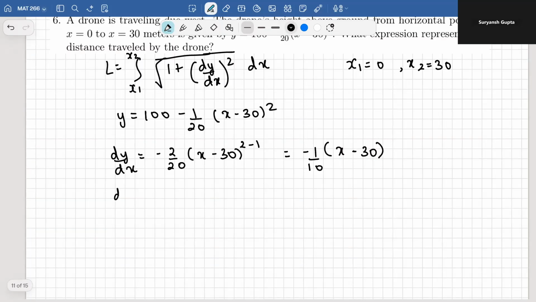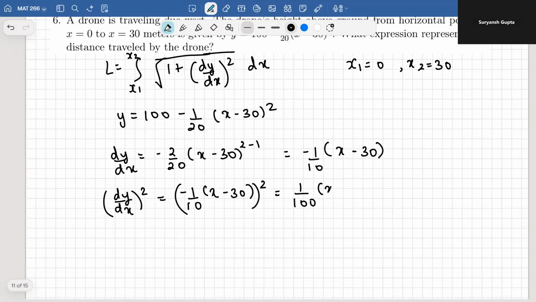Next, we need (dy by dx) whole square, which is equal to (minus 1 by 10 times (x minus 30)) whole square, which is equal to 1 by 100 times (x minus 30) whole square.